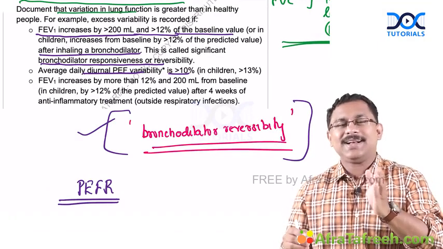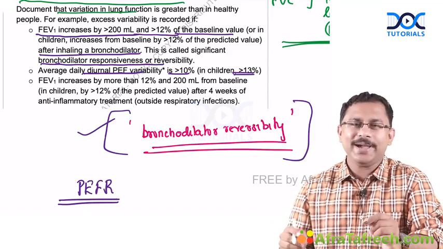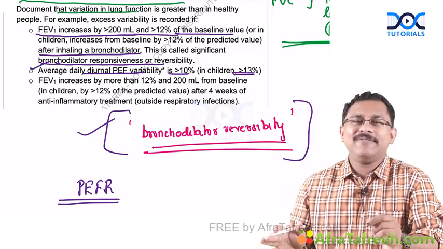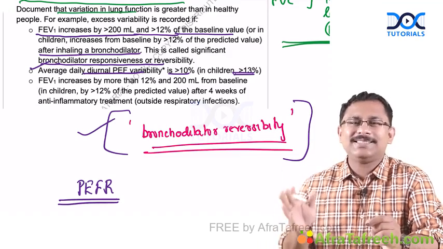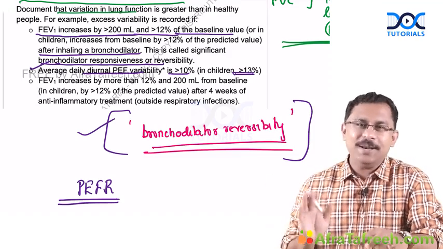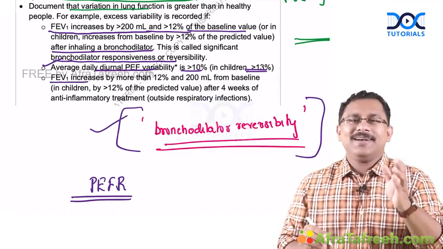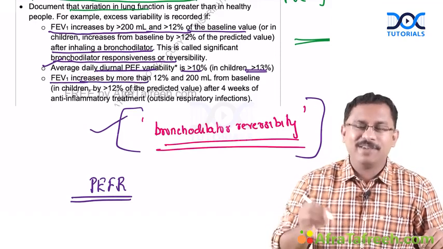In children, the cutoff is taken to be more than 13%. Okay, so an average daily diurnal variation of PEFR more than 10% in adults, and in case of children 13%. Very clear.